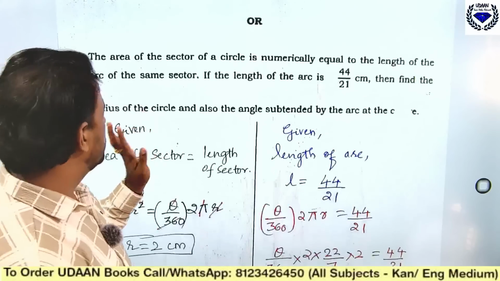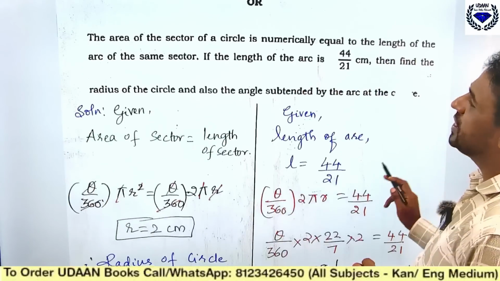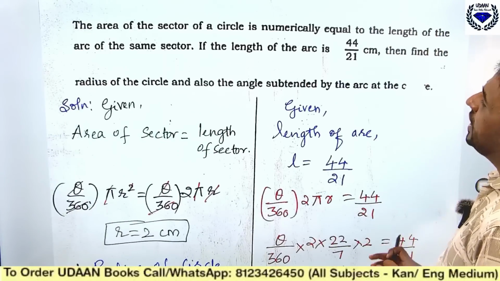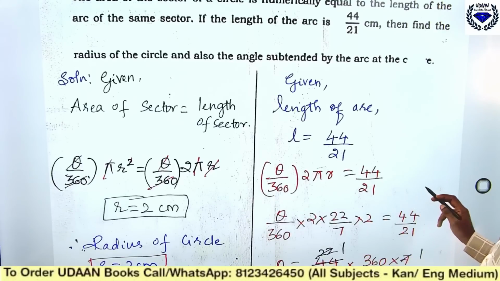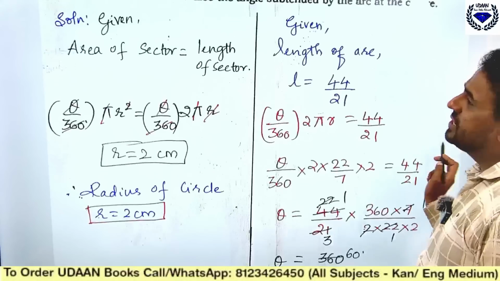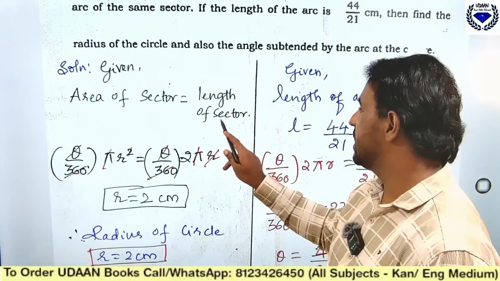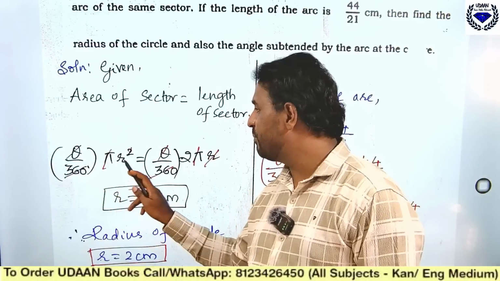Then there is another question in this. The area of sector of a circle is numerically equal to length of the arc of sector. If the length of arc is 44 by 21 centimeter, then find the radius of the circle and also the angle subtended by the arc at the center. See, given is what? Area of sector is equal to length of sector. Area of sector formula is theta by 360 pi r square.